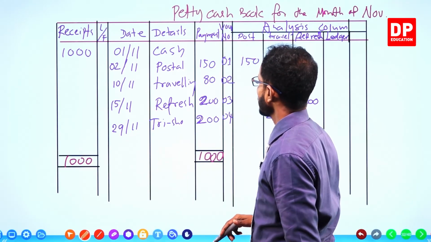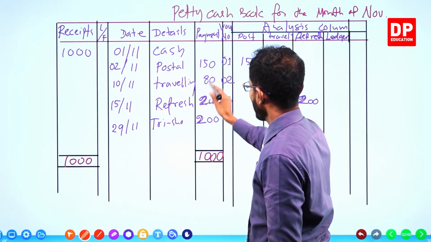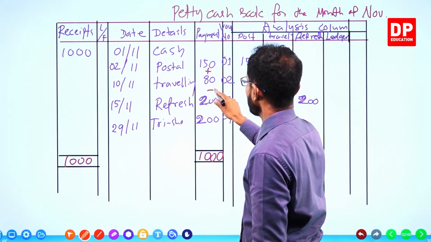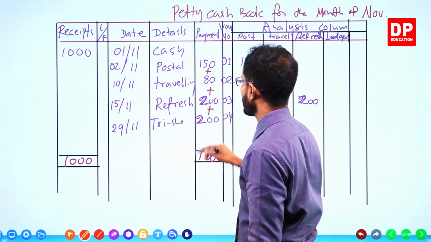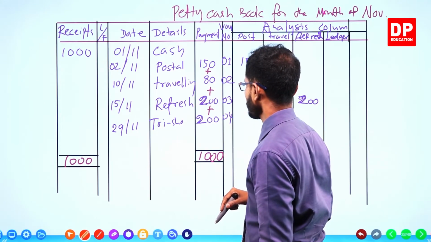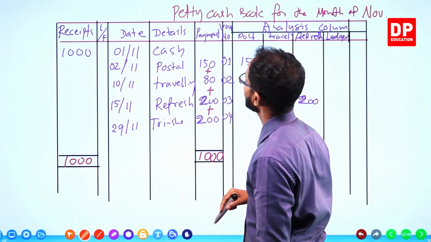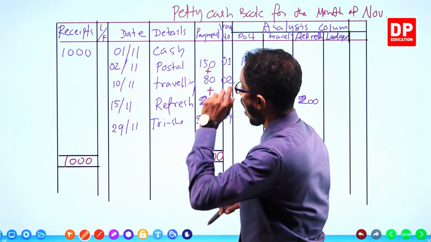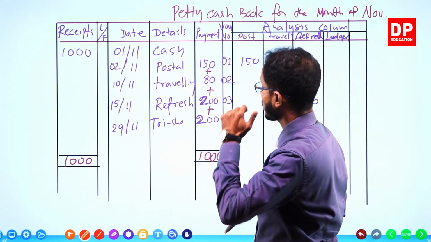1000. Now take the addition of the payments column. 150 plus 80, 230, plus 200, 430, plus 200, 630. Yeah, that is the total.